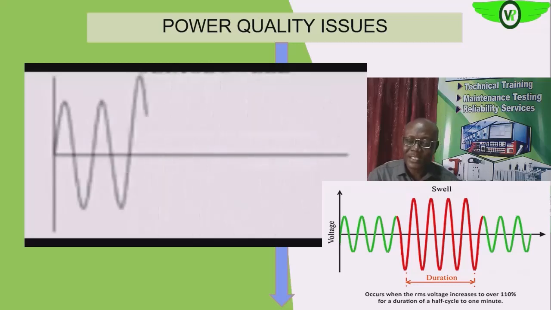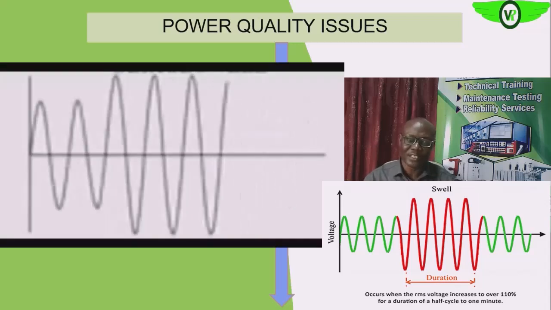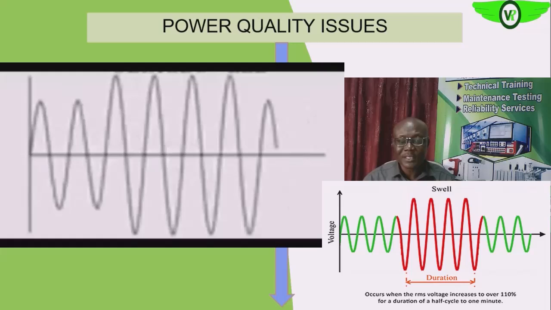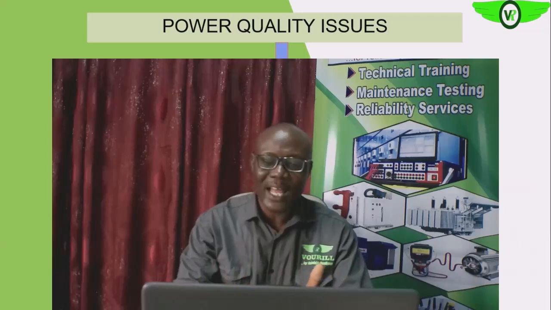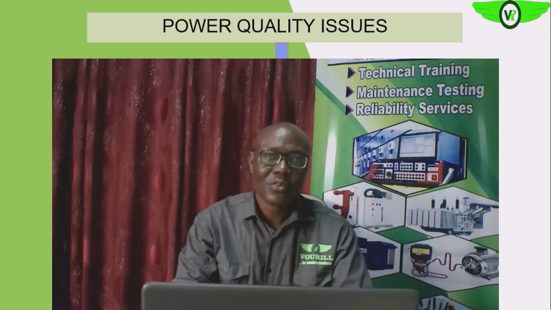Are we getting it? But this time it's for a lesser time. What that means is that if that over voltage is experienced for between half a cycle to about 1 minute, that becomes a swell.